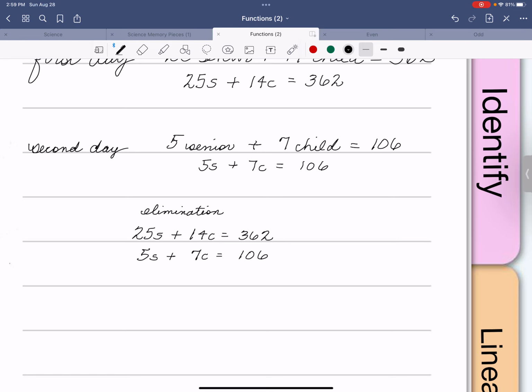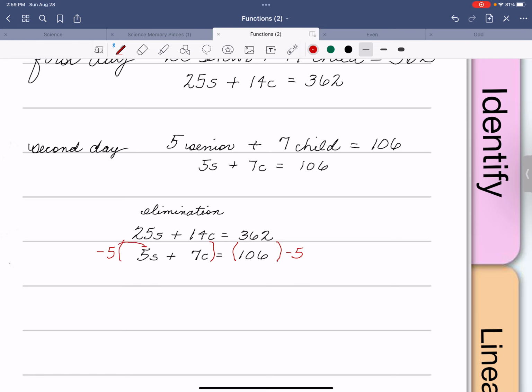So I have a positive 25 on the top and a 5 on the bottom. If I could get a negative 25 there for that bottom S, that would help me. So here comes the elimination. I'm going to multiply both sides by negative 5.